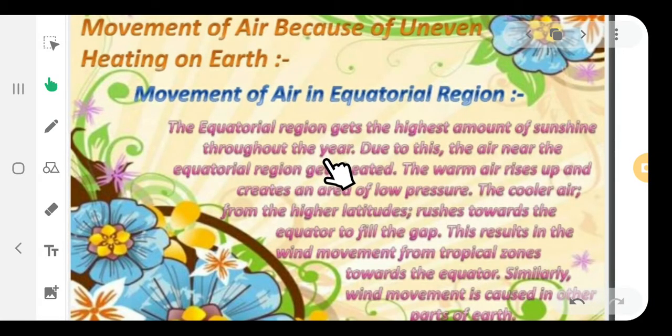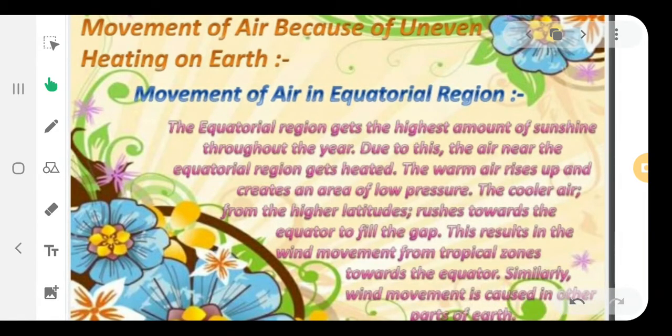We know this. Due to this, the air near the equatorial region gets heated up. The warm air rises up and creates an area of low pressure near the land. So the cooler air from the higher latitudes rushes toward the equator to fill the gap. This results in the wind movement from tropical zones towards the equator.